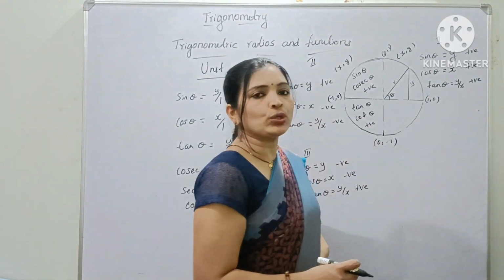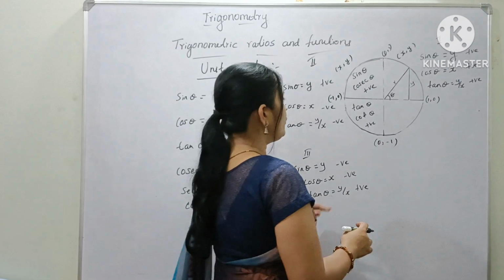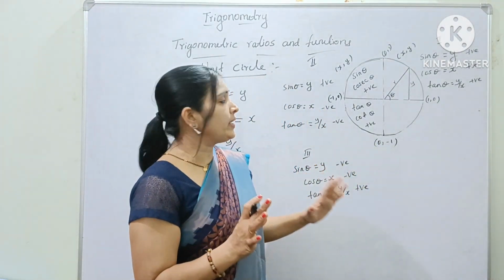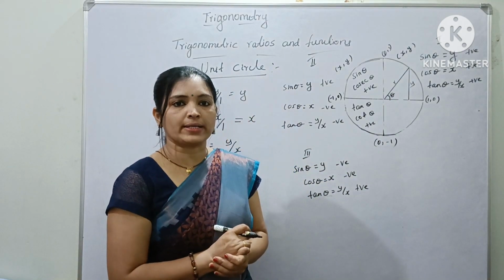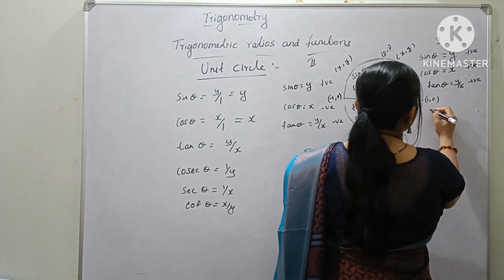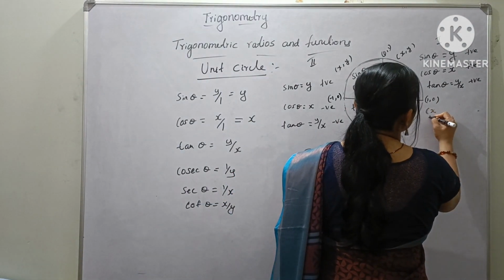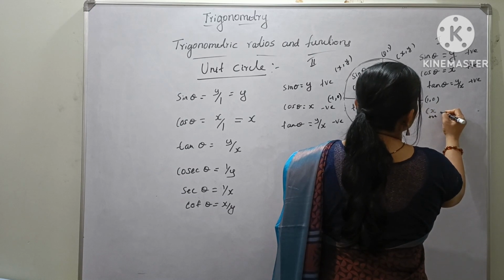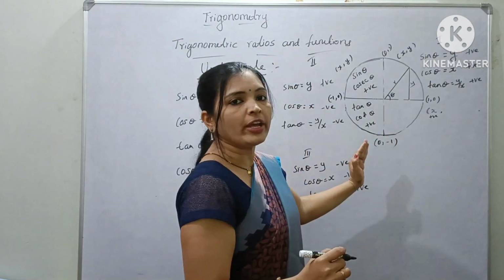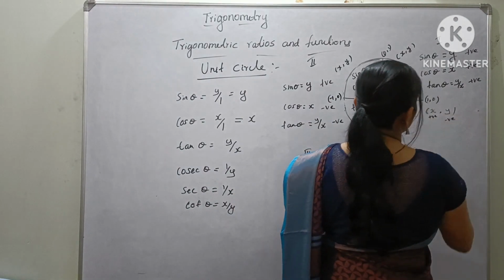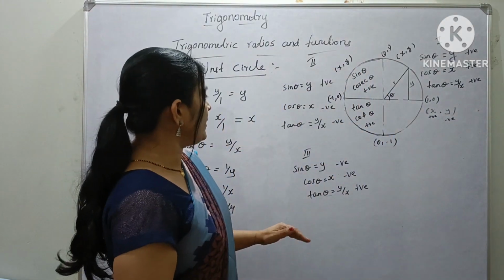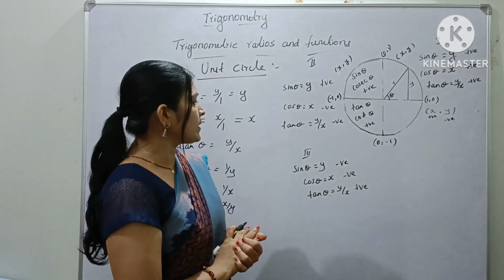Now let us go to the fourth quadrant. The fourth quadrant is the region between the positive x-axis and the negative y-axis. So here all the values of the x coordinate are positive and all the values of the y coordinate are negative. Now let us see sin theta.